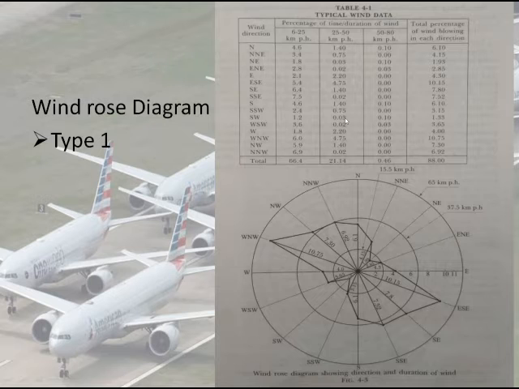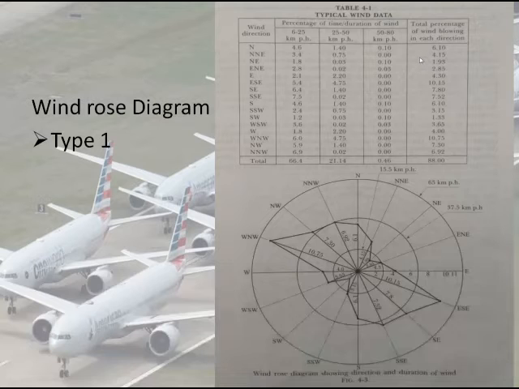Let us consider a 5 year time period; the average wind blowing in a particular direction at a particular speed is noted down in the form of percentages. Finally, the total percentage of wind blowing in each direction is summed up at the end. So let us look into a windrows diagram.